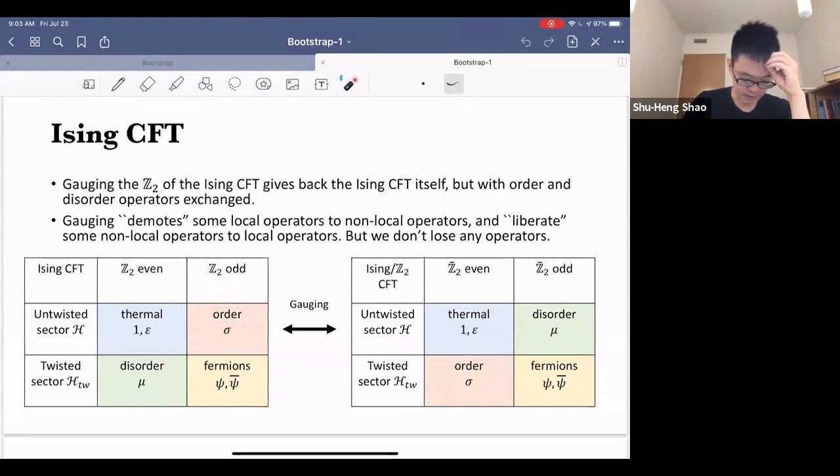On the other hand, the Z2 even twisted sector got promoted to become the new Z2 odd untwisted sector state. So what Z2 gauging does in 1+1D is to exchange these two sectors. Some of them got demoted, some others got promoted.